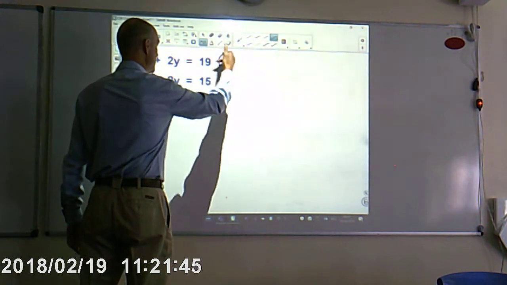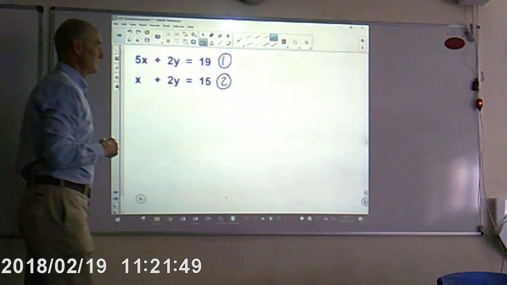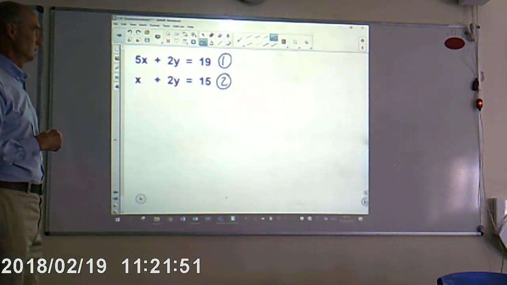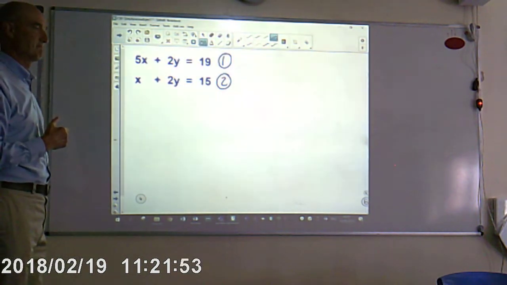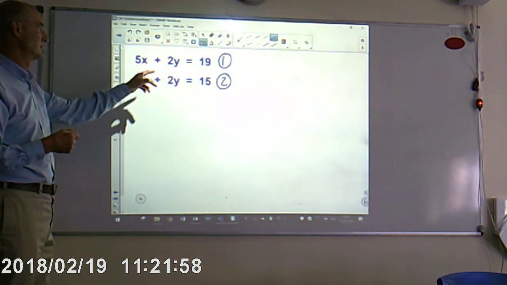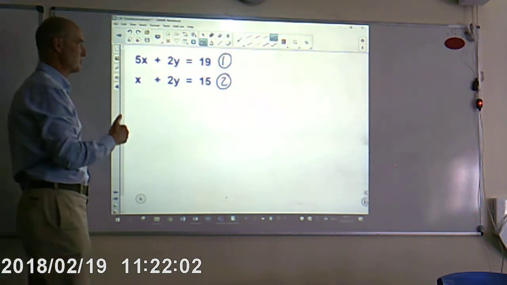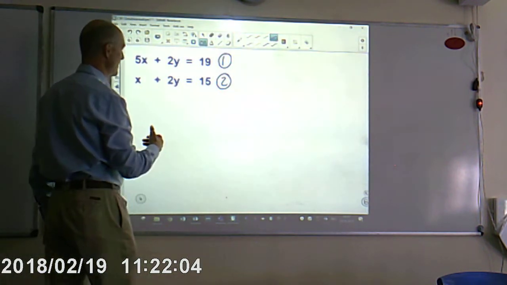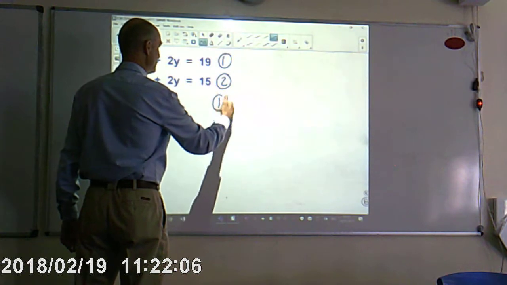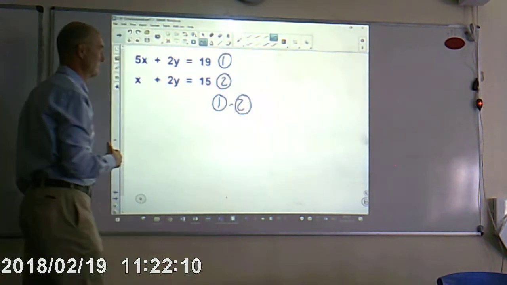Label them equation 1 and equation 2. What do we have to add? Our aim is to get rid of either the x's or the y's. Got the same number, the same coefficient in front of the y's. Let's just do this. Let's just say equation 1 take away, subtract equation 2 this time.